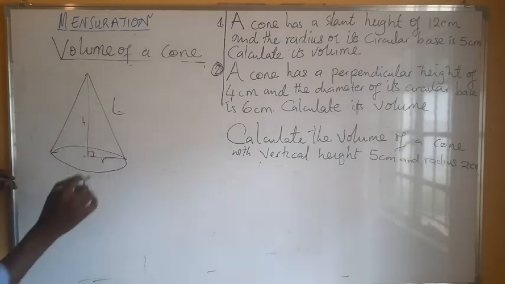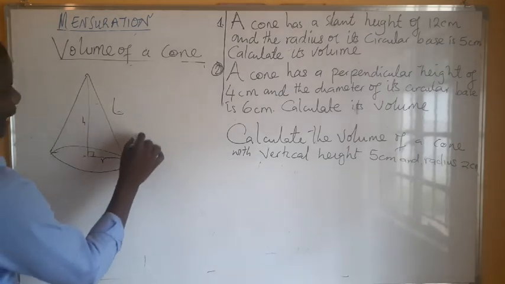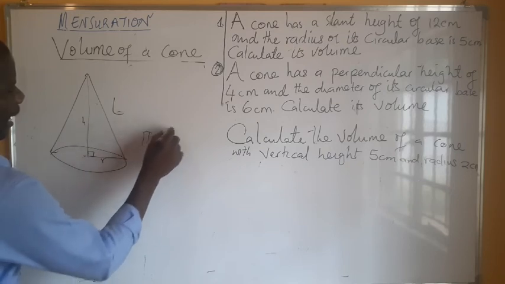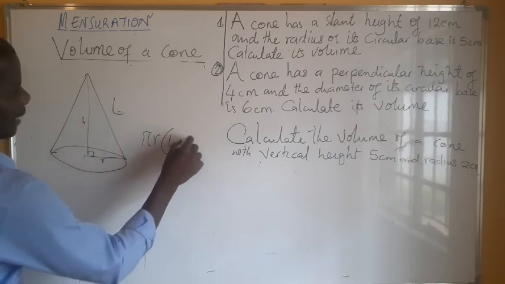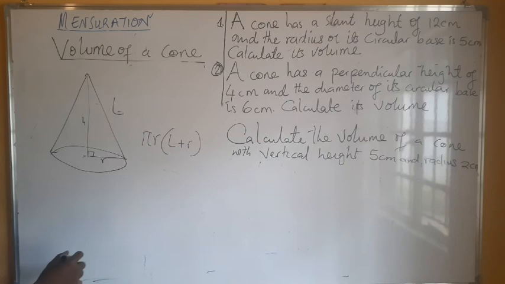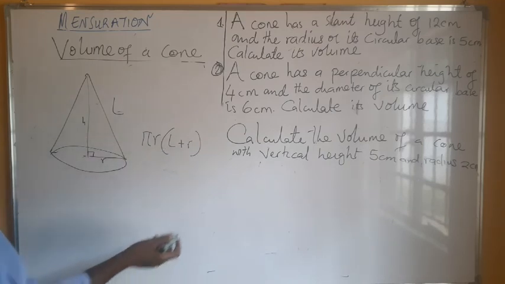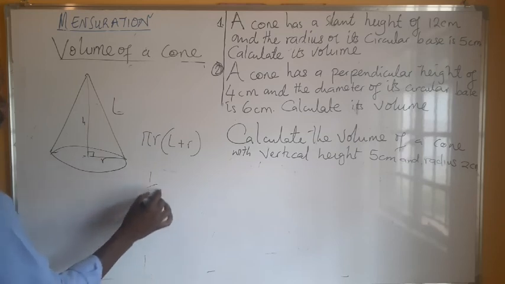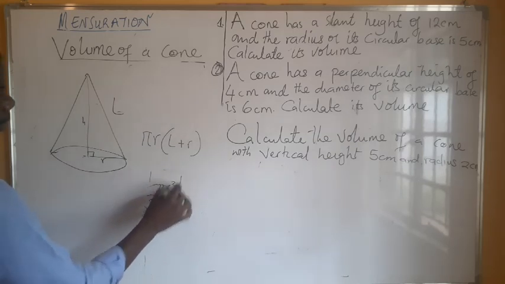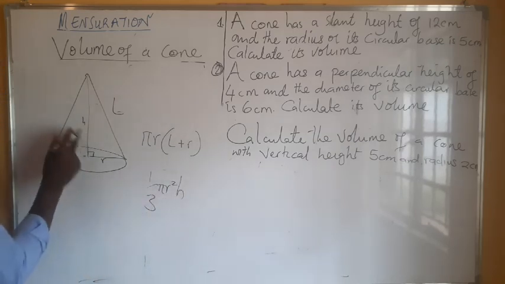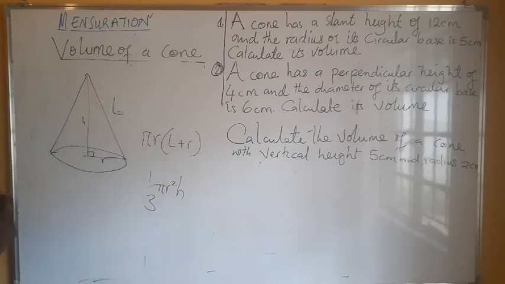Now, if you remember, for area we were using pi r times slant height plus pi r squared. This is the formula that we were using. Now, there's a difference when we come to volume. When we come to volume, we are using the perpendicular height. So please get to understand the difference there.